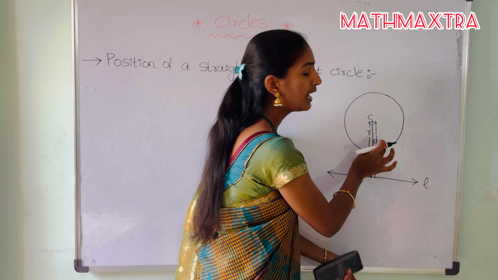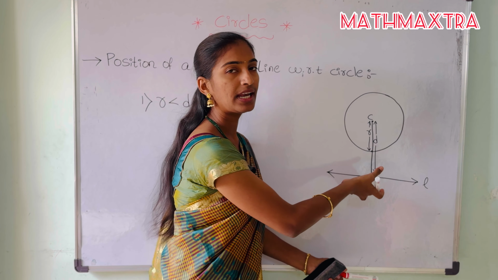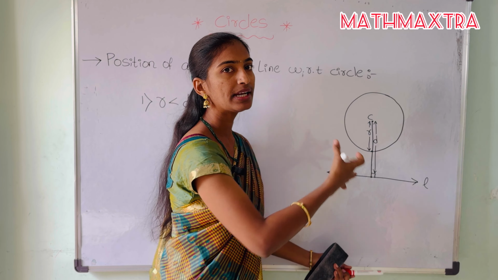if R is less than D, means the radius of the circle is less than the distance between the center and the line. The center and line distance we have considered as D. If R is less than D, we can say directly this straight line is completely away from the circle.